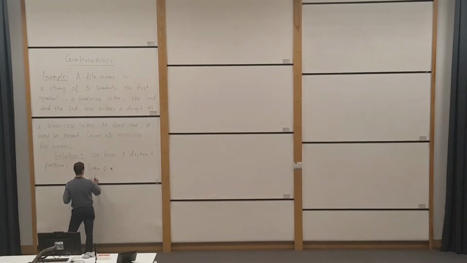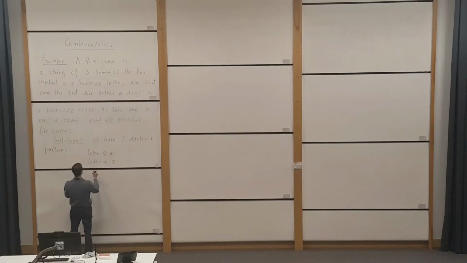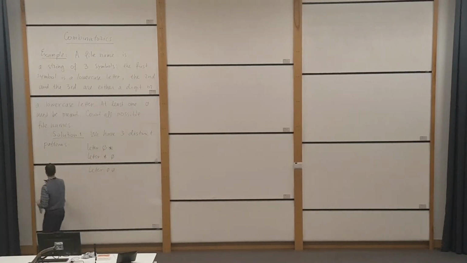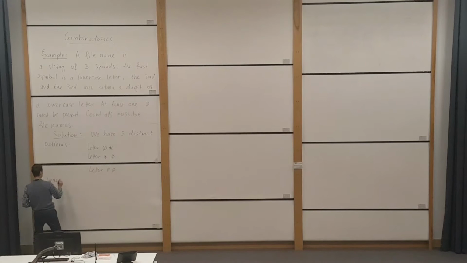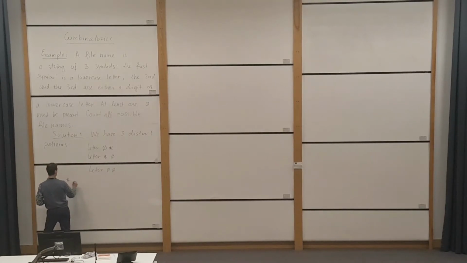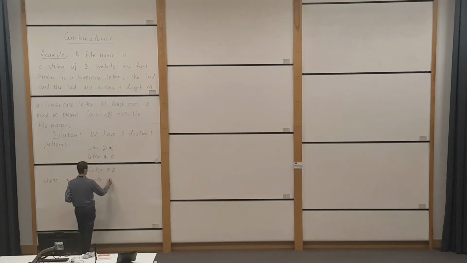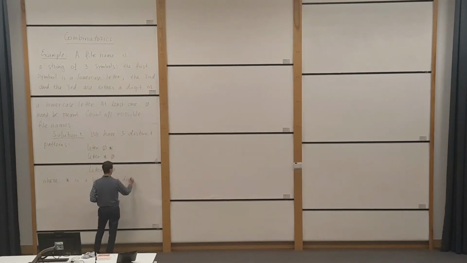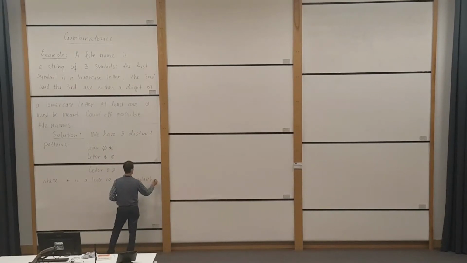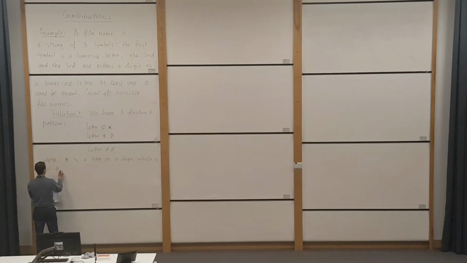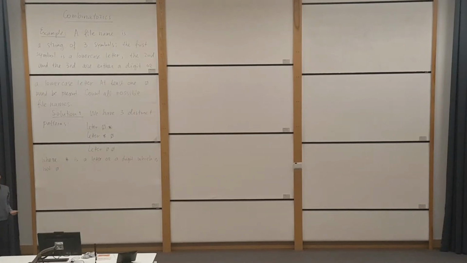Or it can be letter, star, 0, or letter, 0, 0. So let's write this down, where star is a letter or a digit which is not 0. Right? And these are 3 distinct cases, so we will use the sum rule.